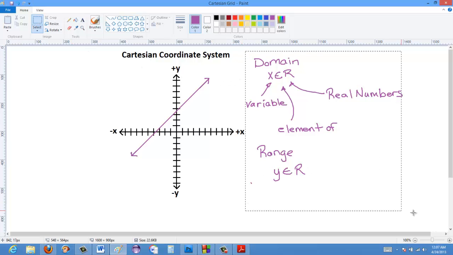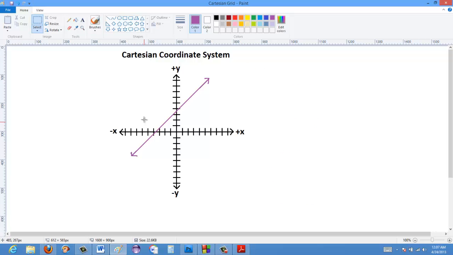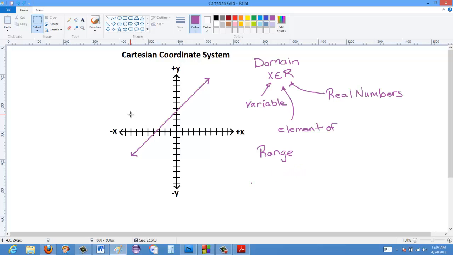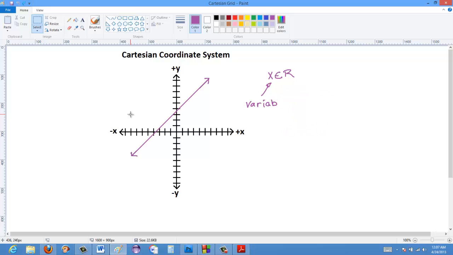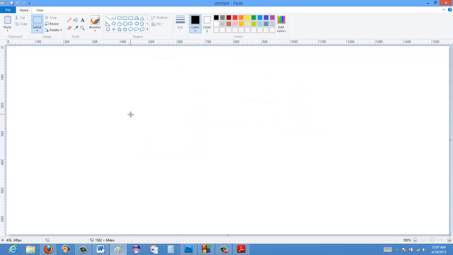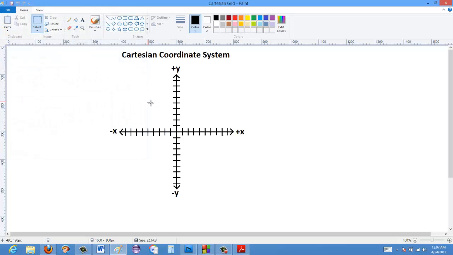Okay, let's go do something a little more complicated. I'm going to have to undo this all to get rid of this old graph, and I'll just have to reload this one. So let's say, for instance, I have another graph, and it looked something like this.